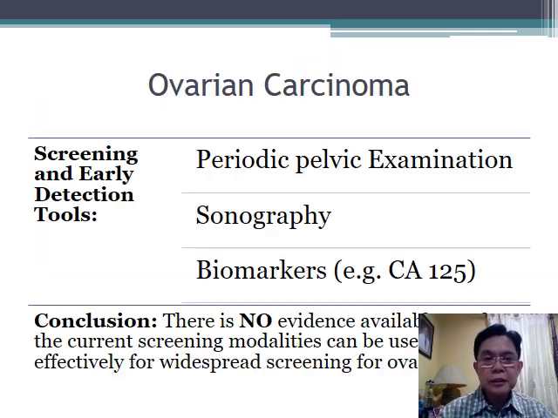Several screening tools have been tried for early detection of ovarian cancers. However, there is currently no screening test that is considered for early detection of ovarian cancers. Periodic pelvic examination has been tried, sonographic evaluation, and the use of tumor markers or biomarkers has also been tested.